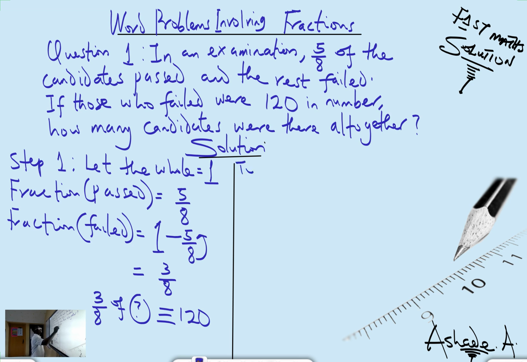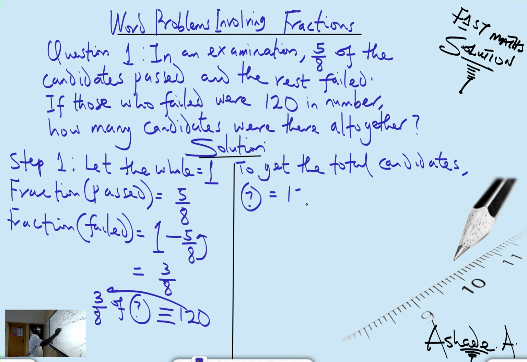So to get the total candidates, you divide 120 by 3/8. So the total candidates, which is the question mark, is 120 divided by 3/8.